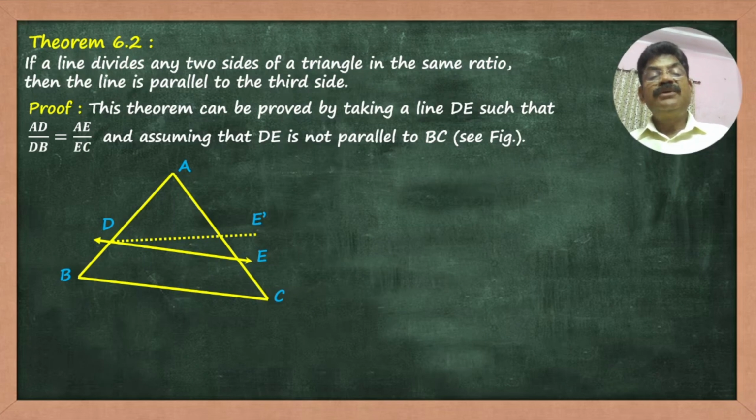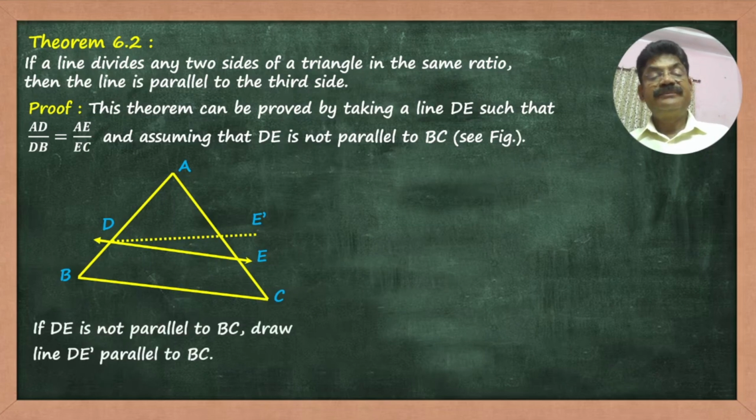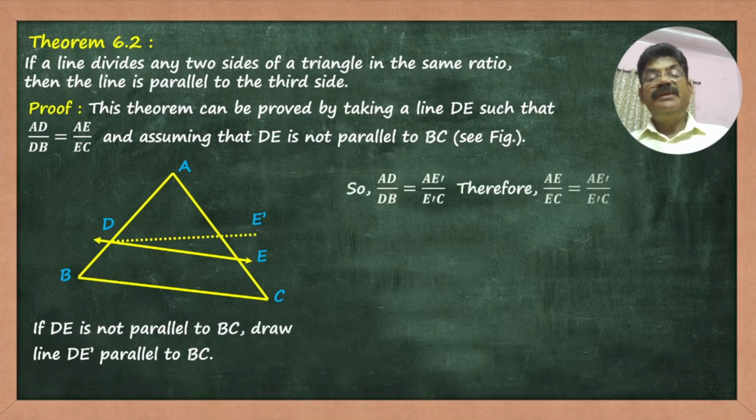So what I am going to do, I draw a line parallel to BC from D to AC. Let it meet AC at E dash. If DE is not parallel to BC, draw a line DE dash parallel to BC. So AD divided by DB is equal to AE dash divided by E dash C. This is by theorem 6.1.